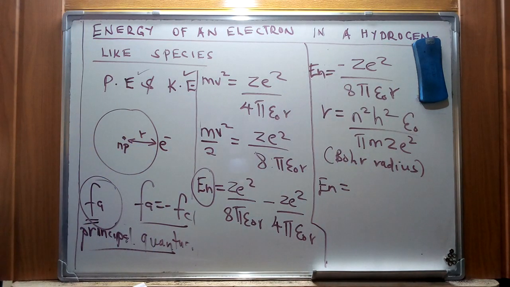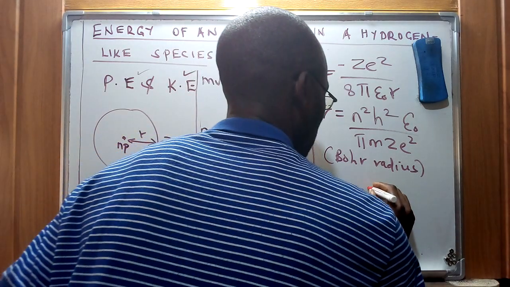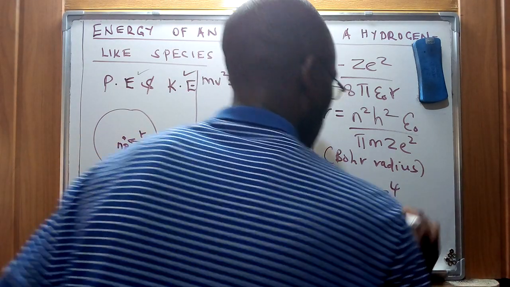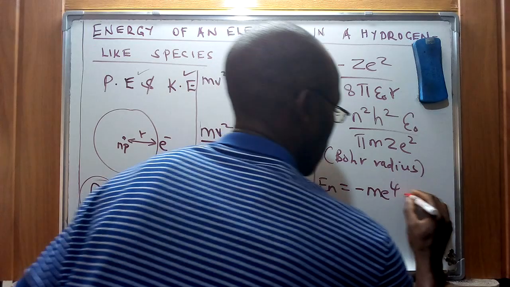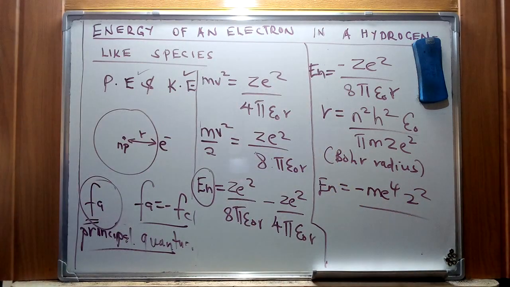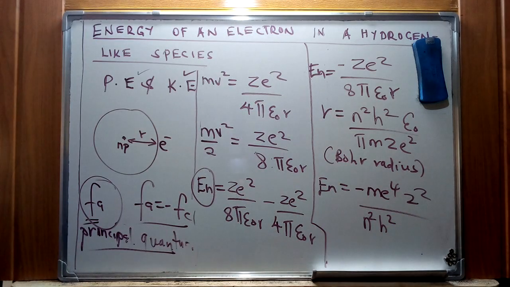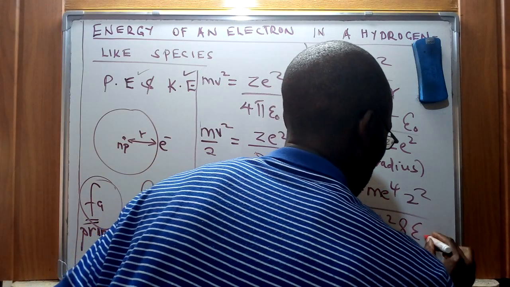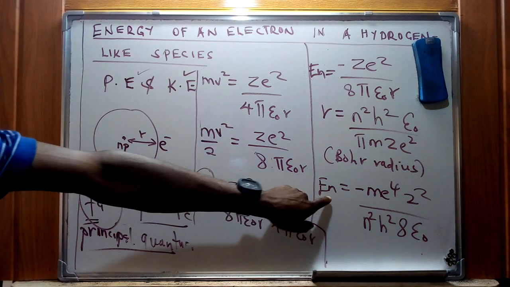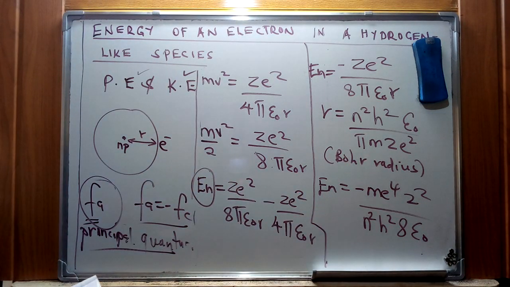Therefore, this is going to give us a general formula for negative m e to the power 4, and then this is going to be Z squared over n squared h squared. These basically are constants, so we are just going to look at the value of this particular energy as a substitution of those various constants, and try to see, in terms of a value, what it is going to be at that equilibrium position of r.